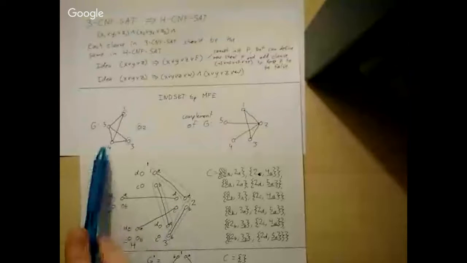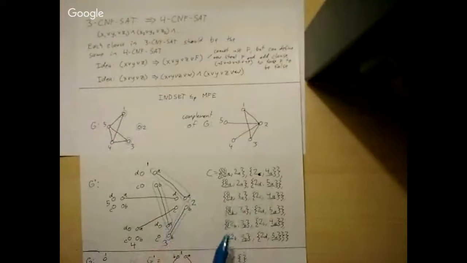The way that we build this is we say we put in a pair of edges in G prime if any of their original vertices are adjacent in G.